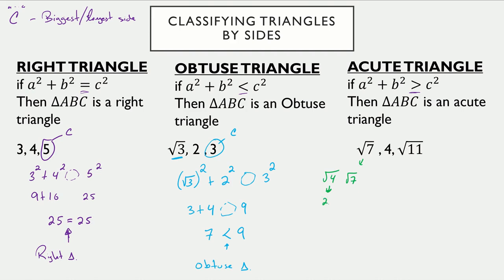The square root of 4 gives me a value of 2, right? The square root of 7 is definitely greater than that, okay? And then something above it is the square root of 9, and the square root of 9 is definitely 3. So we don't really care about the actual value of the square root of 7. We just want to know, how does it compare to the other numbers, right?